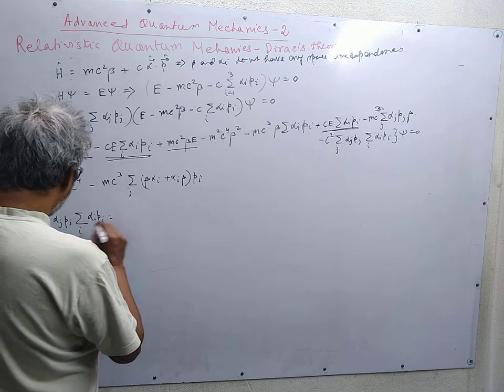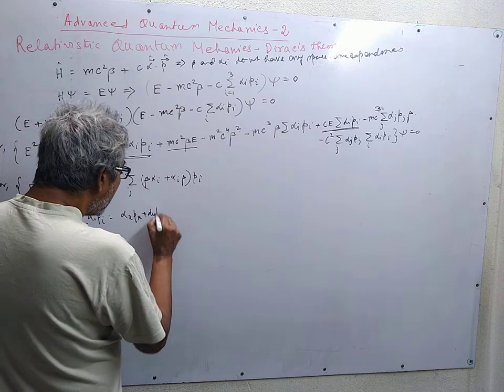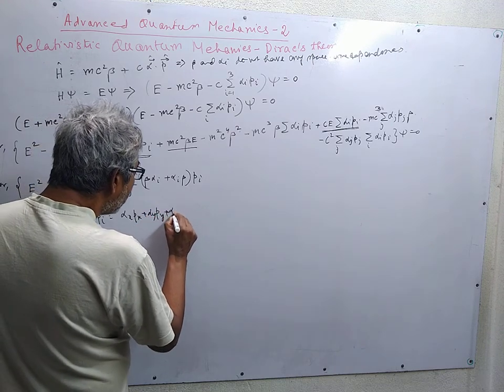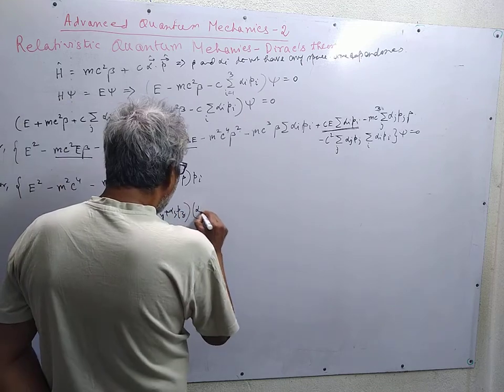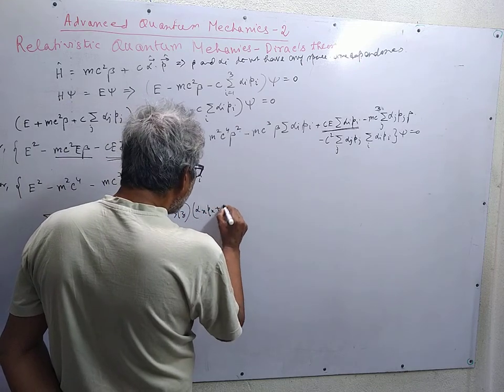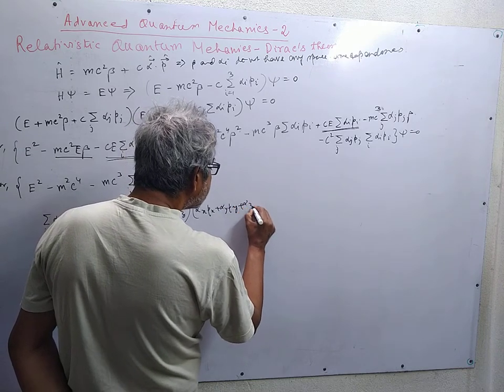This is actually alpha x px, alpha y py, alpha z pz multiplied by alpha x px, alpha y py plus alpha z pz.